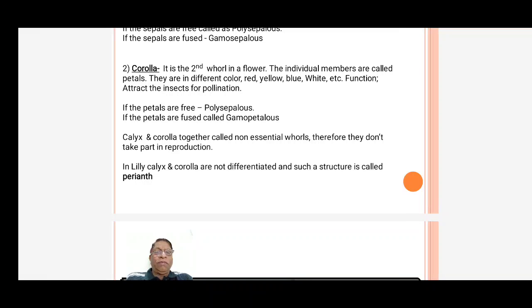Very important one. Perianth means there is no differentiation of calyx and corolla. The individual member is called tepal. Tepal, not sepal or petal. Sepal, tepal. Okay.